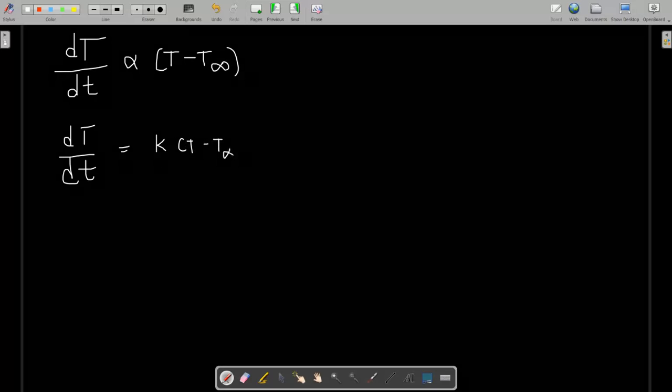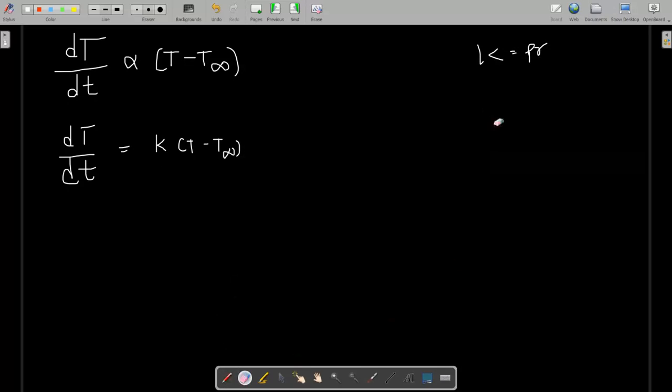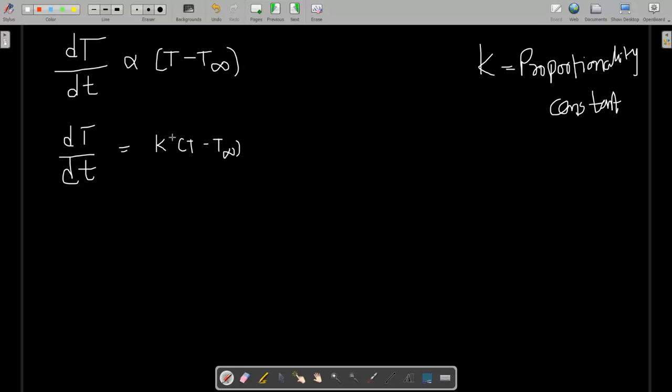This is the proportionality constant k, but here we have to add a minus sign. Why minus sign? Because the temperature is decreasing, so the difference T minus T infinity is decreasing, and we have to accommodate this.